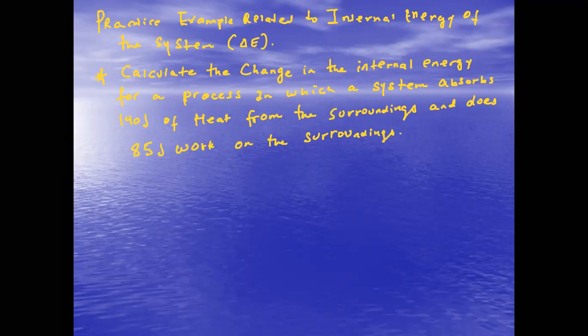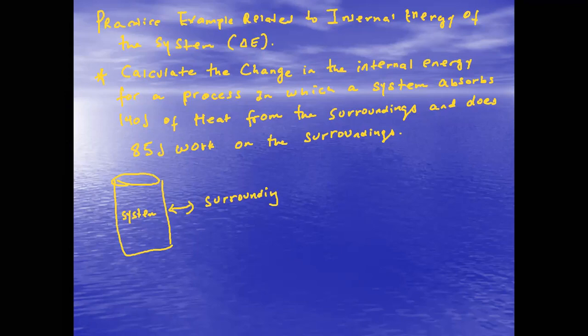So let's explore this question. We have a system here inside, and a surrounding here outside. There is a transformation of energy between system and surrounding, and that total energy is constant.